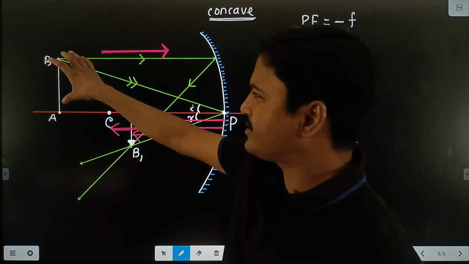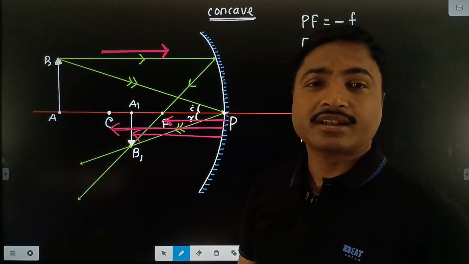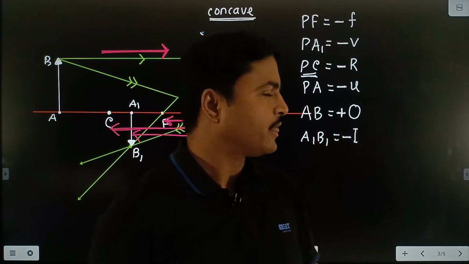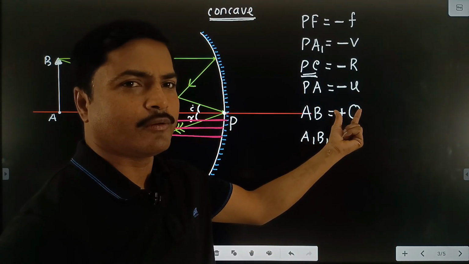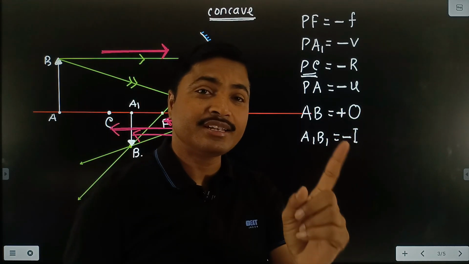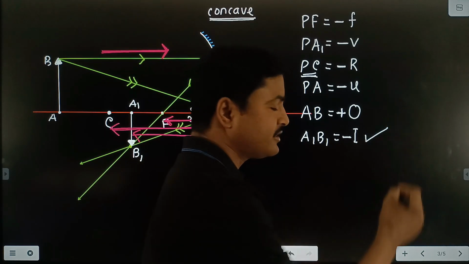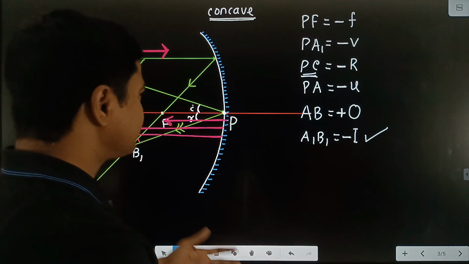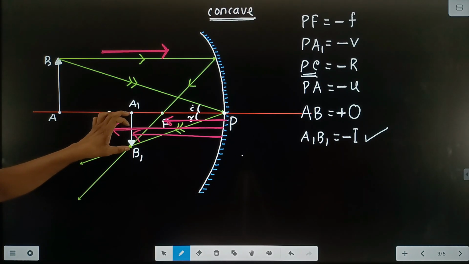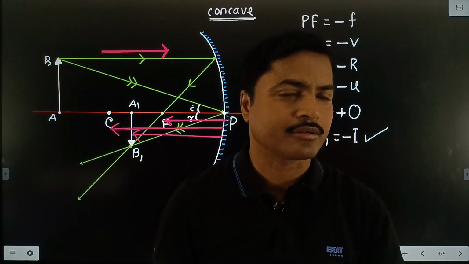For object height, the object is always above the principal axis, so the height of the object is always positive. We write plus O. If the image is real and inverted, we write minus I. This is the sign convention where the image is real and inverted in case of a concave spherical mirror.